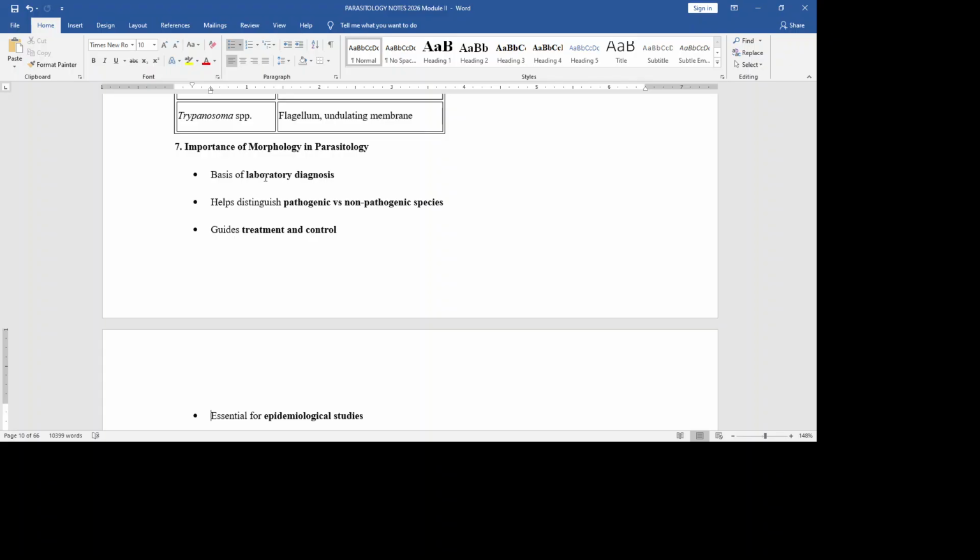Very important, and on top of the list, is that the various morphological features form the basis of laboratory diagnosis.